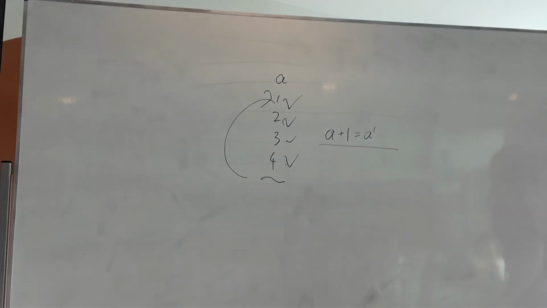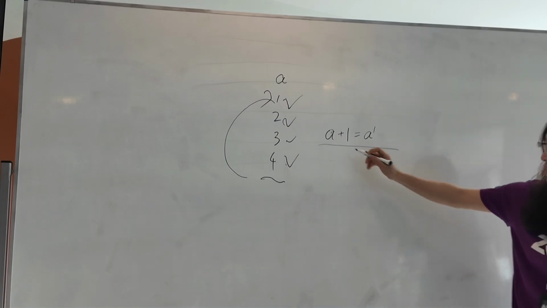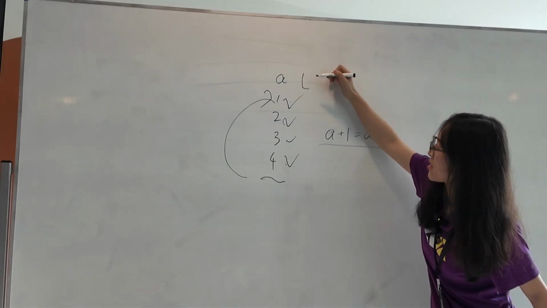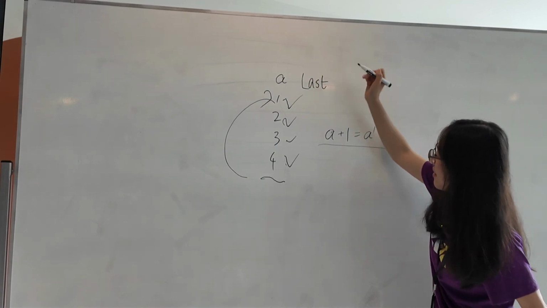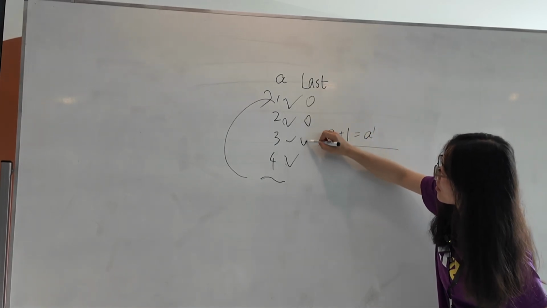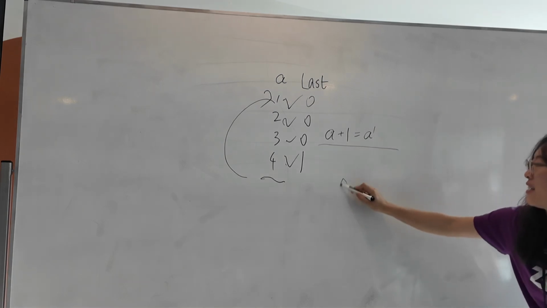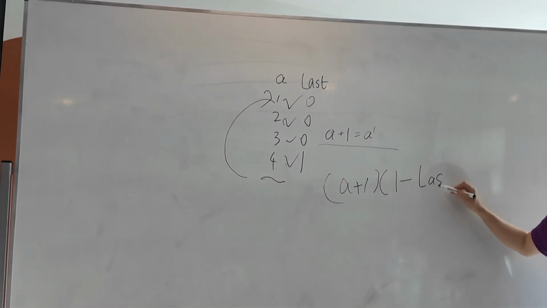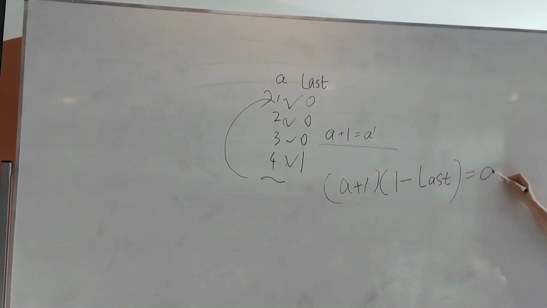So the correct test case is you should write another column, let's say last, and supply it as 0, 0, 0, 1, and then A plus 1 minus last equals A prime.